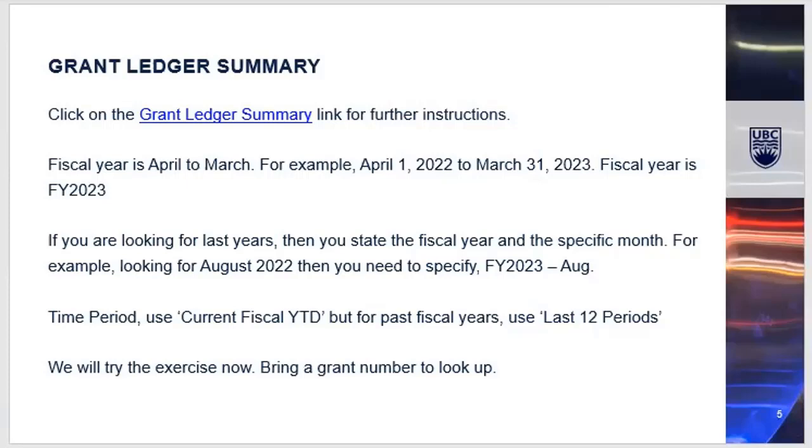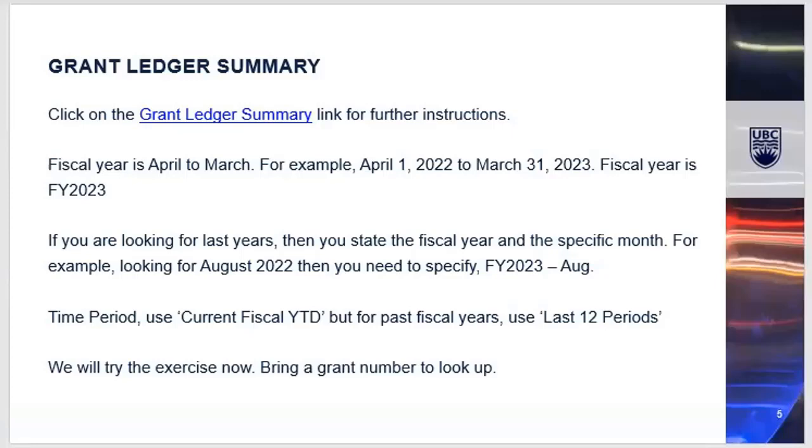That's called the fiscal year FY 2023 on Workday. If you're looking for last year's, you have to state the fiscal year and specific months. For example, if you're looking for August 2022, you actually have to put FY 2023 August.